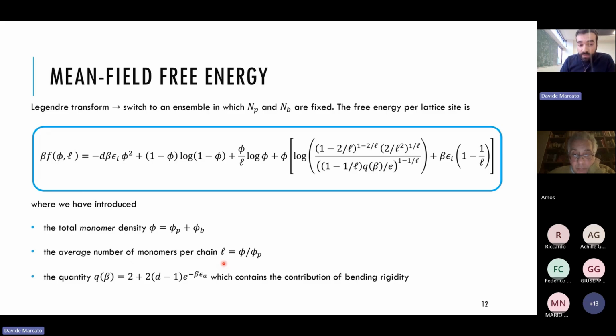And I say average because when you do this Legendre transform, you fix the total number of polymers and you fix the total number of bonds, but you have no control on how the bonds are arranged into different polymers. So the system remains polydisperse even after switching to this canonical ensemble. And then you have this Q of beta here, which appears only here, which is a quantity that contains all the contributions of the bending rigidity.